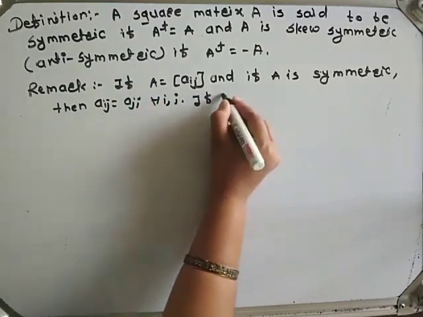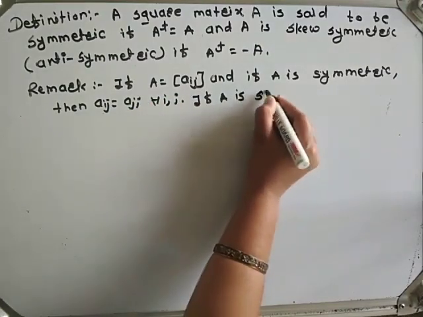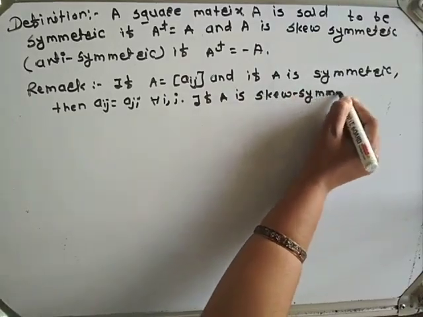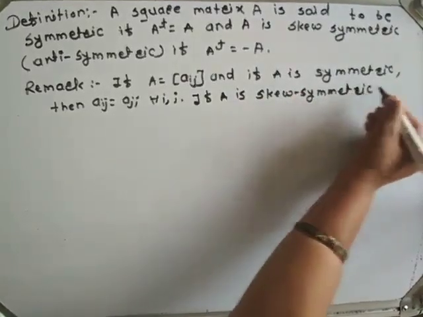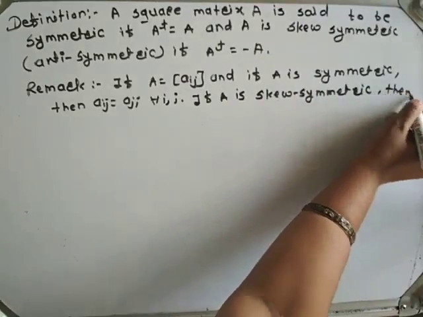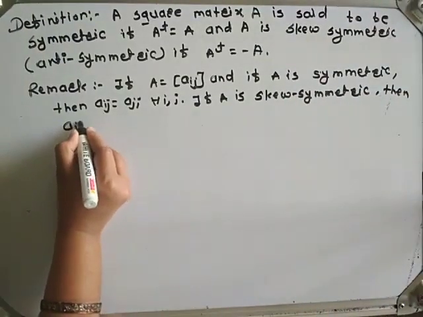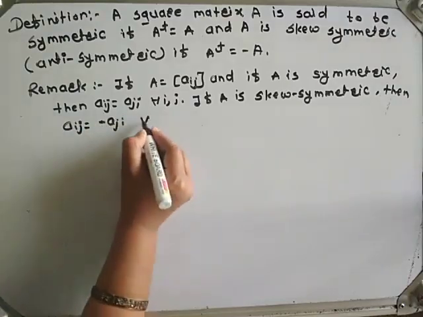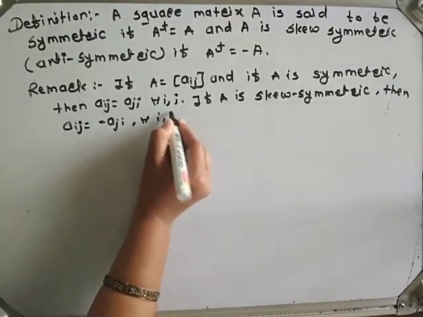And if A is skew symmetric, then Aij is equal to minus Aji for all i, j.